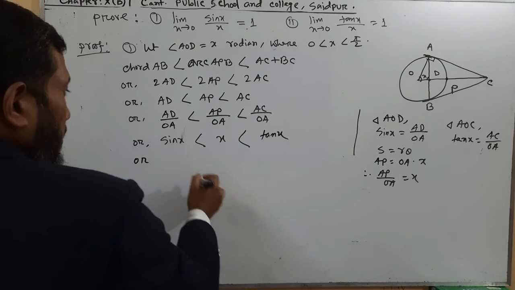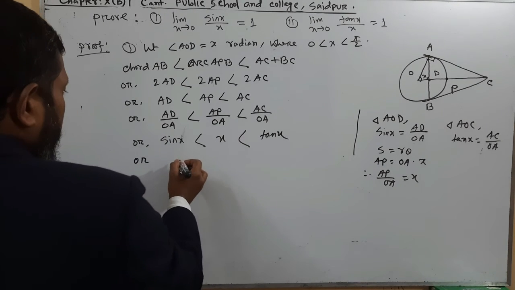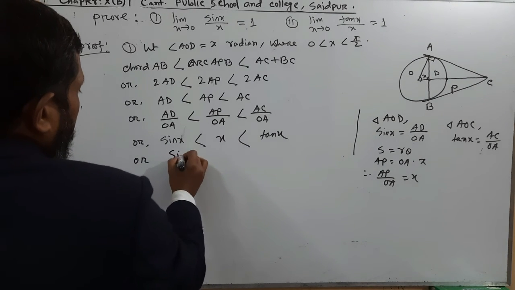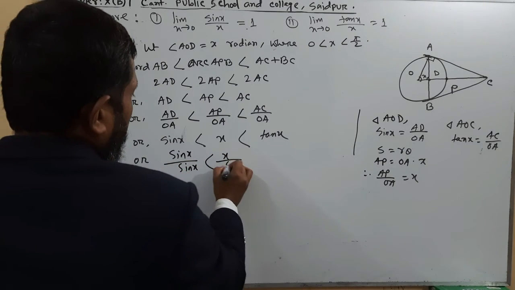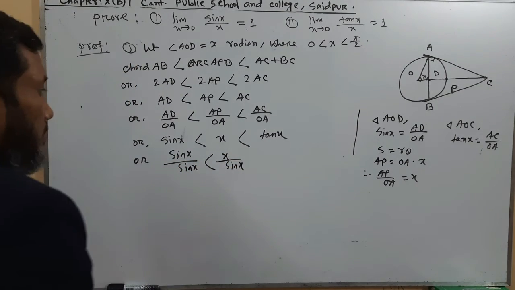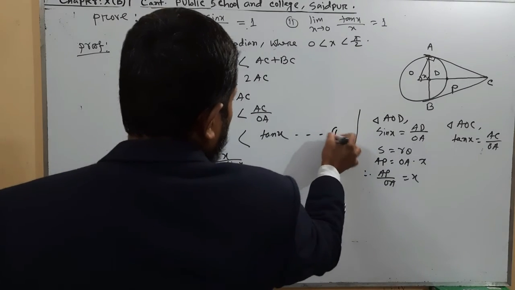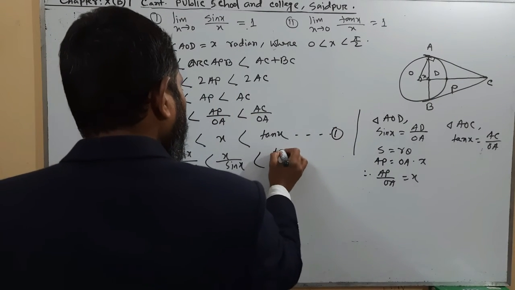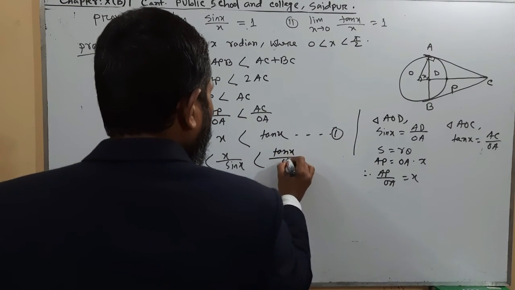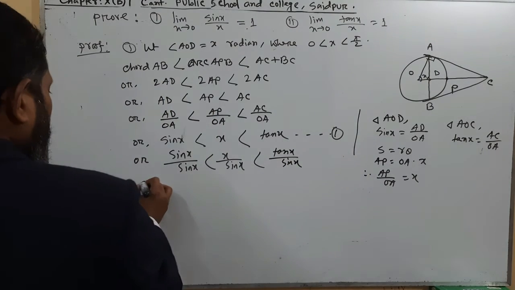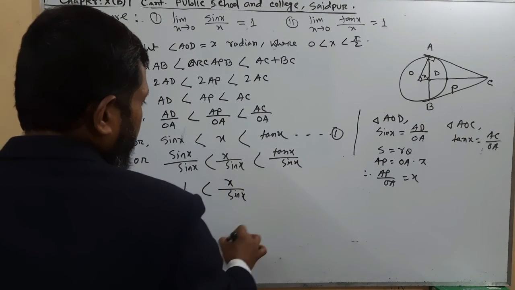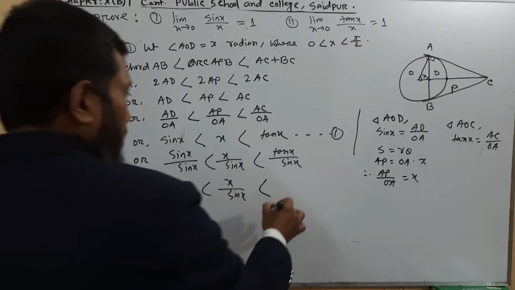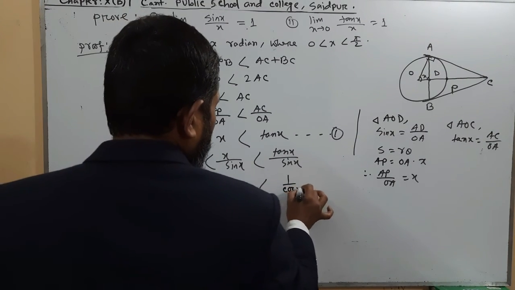Dividing all by sin x, we get sin x by sin x, x by sin x, and tan x by sin x. If we write this as equation number 1, and tan x by sin x, we get 1, x by sin x, 1 by cos x.